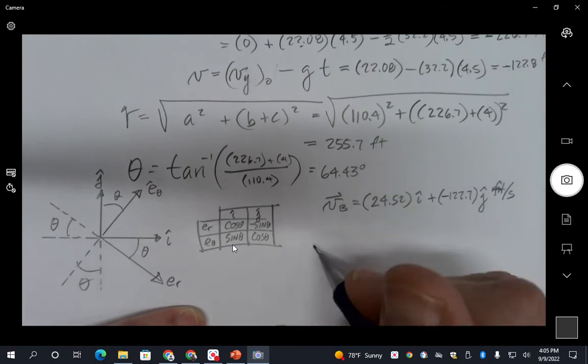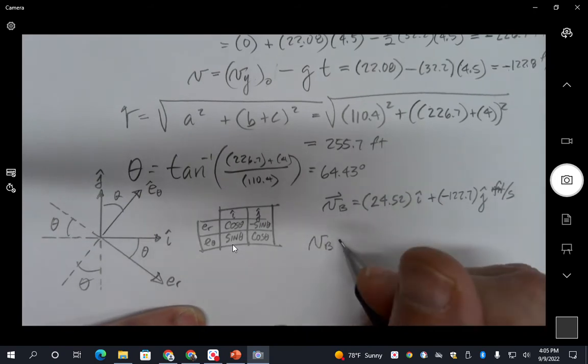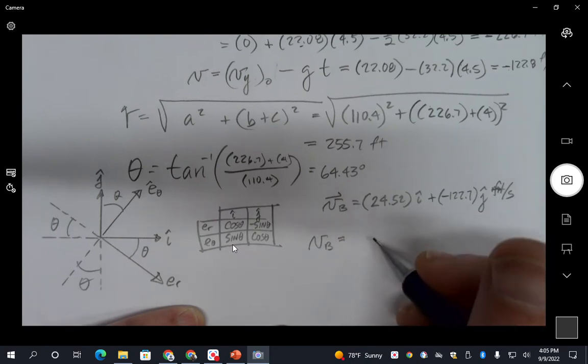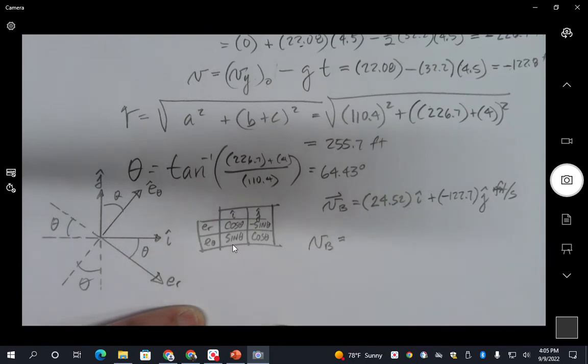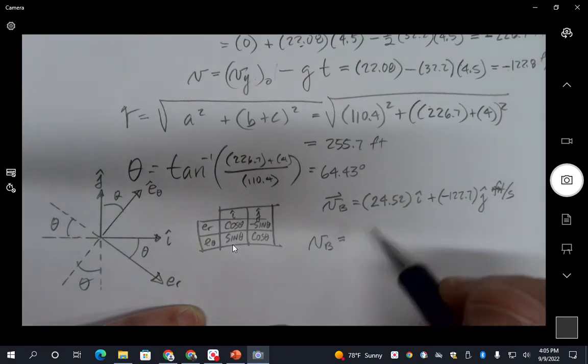So I just have to apply my VB. I think I have the wrong numbers because I showed them as being crossed out. So let's try to get it right this time.